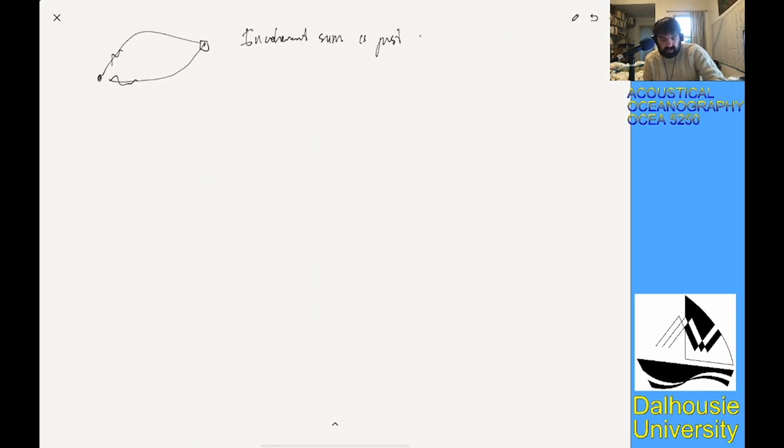So to put it mildly, we're going to chuck out the phase information just by taking the square and then taking the square root at the end.